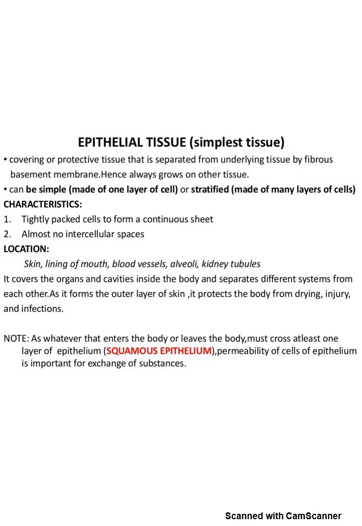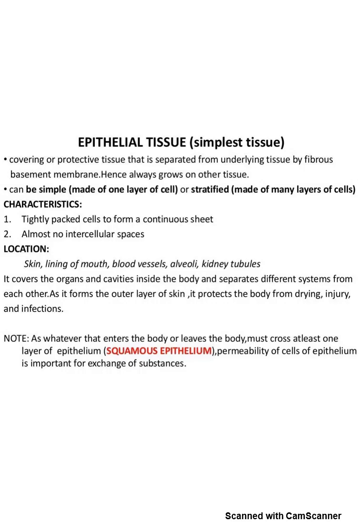And where are epithelial tissues present? They are present in the skin. They are present in the lining of the mouth, blood vessels, alveoli, the air sacs of the lungs, and the kidney tubules. It covers the organs and cavities inside the body and separates different systems from each other.